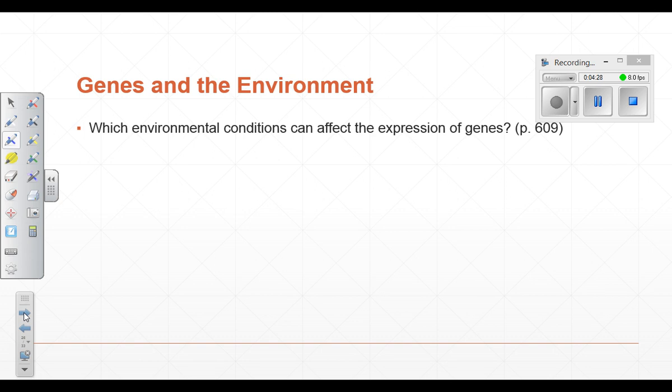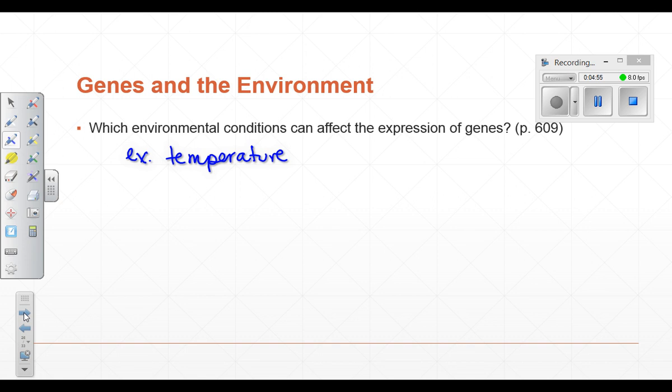So besides that, besides actual physical changes to your DNA sequence, there are still conditions that can affect whether or not your genes get expressed. And a really good example is temperature. Some genes will not be expressed, so transcription and translation will not happen for that gene if the temperature is too high or too low.